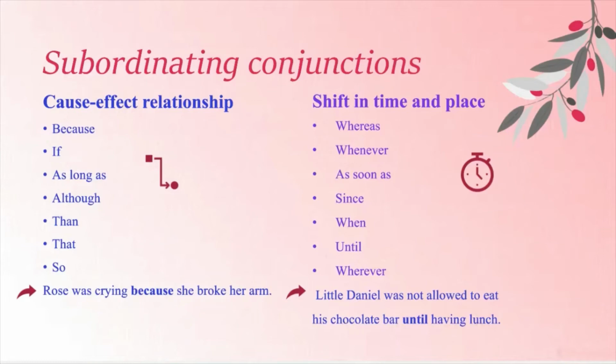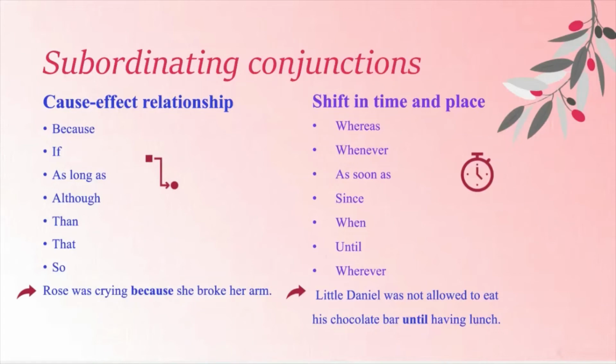Also, notice that as the independent clause goes first, there's no need to add a comma. The same occurs with the sentence, Little Daniel was not allowed to eat his chocolate bar until having lunch, though in this kind of sentence, we express a shift in time due to the subordinating conjunction until.